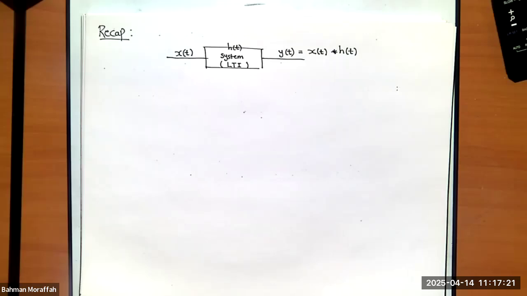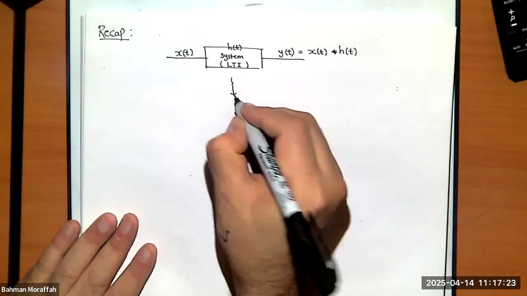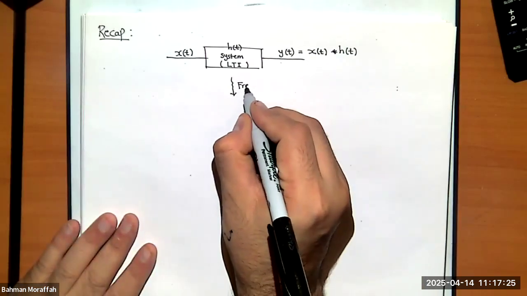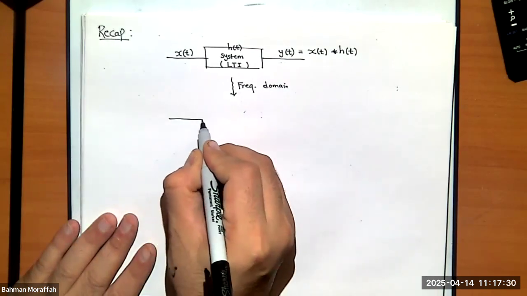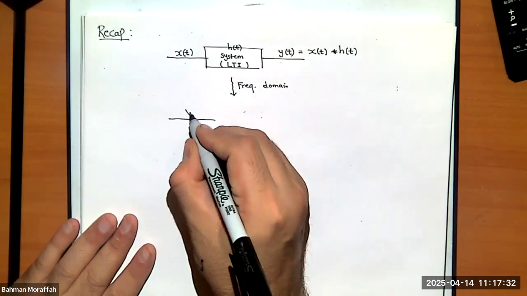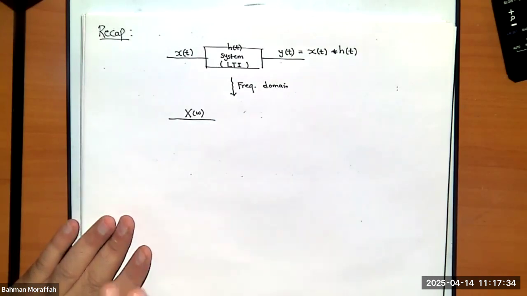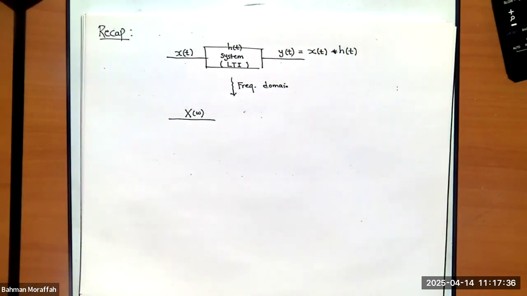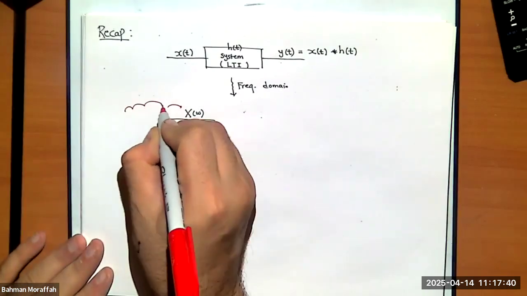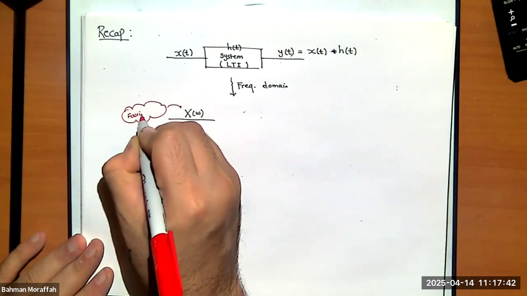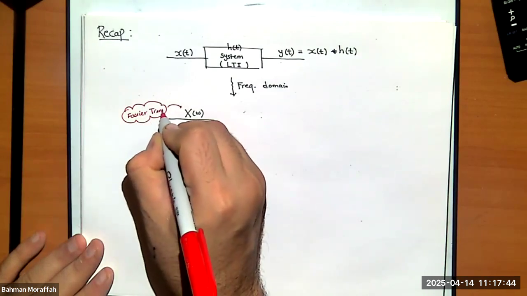So if we replace this system with the frequency domain representation of it, I have to replace my input with the frequency representation of it, which is the Fourier transform.